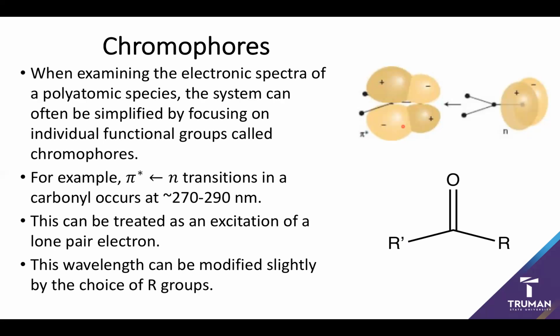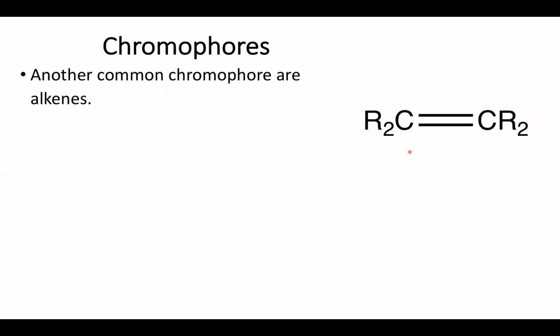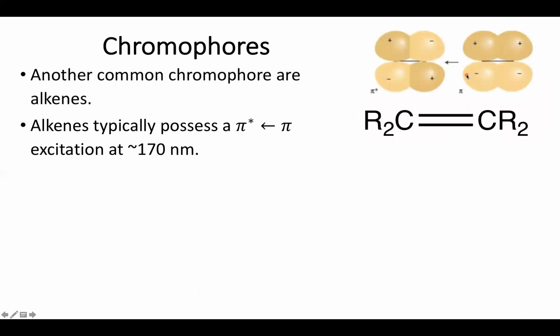However, there is a related chromophore that we tend to see a little bit more explicit modification of, and that's our good old friend, the alkene. This has a more straightforward absorption event where I go from pi to pi star. It is worth noting that this excitation occurs at about 170 nanometers, so much higher energy than the carbonyl and much deeper in the UV-vis spectra, so less likely to see it.